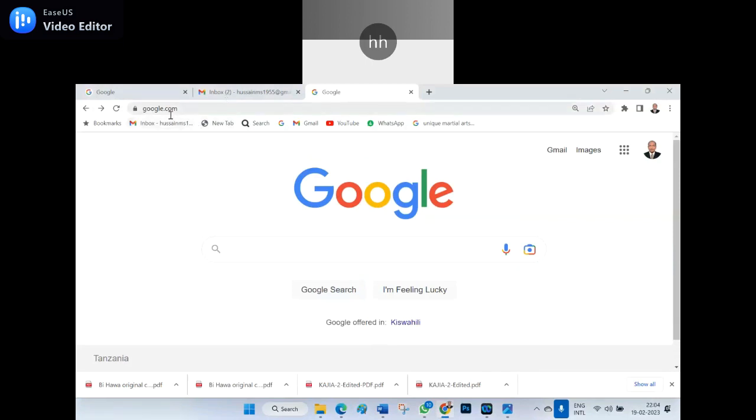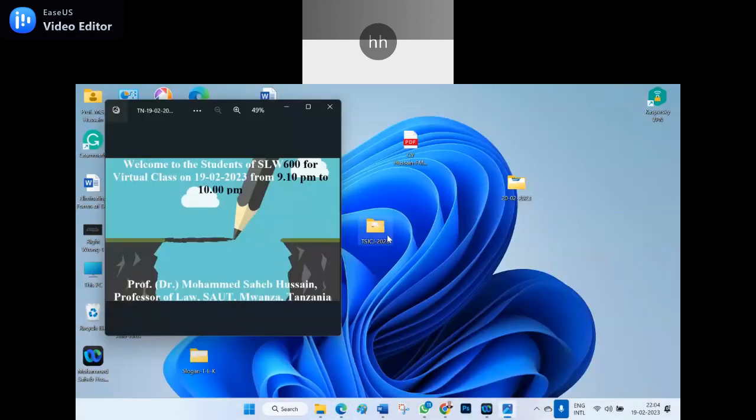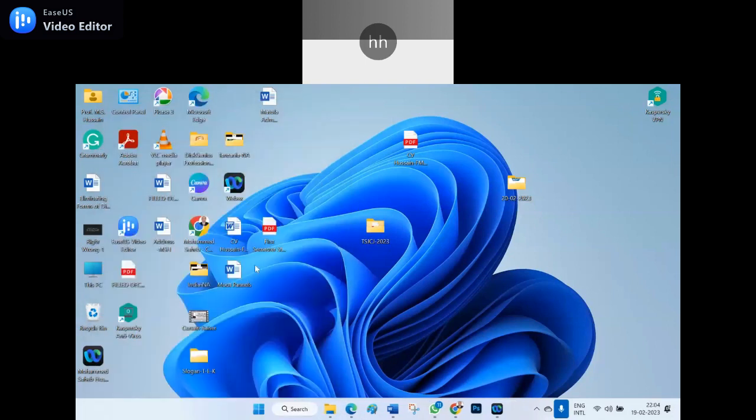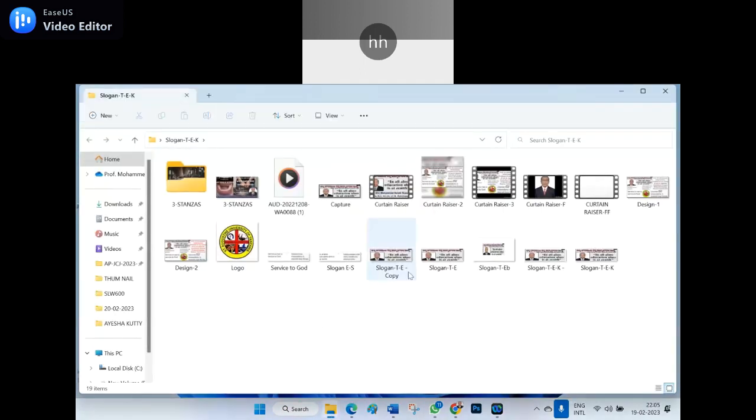Because I already shared my slogan in each and every class which I recorded, and several times you saw it, but still you say that you don't know. Here I am showing you the slogan copy again so that you could understand what my slogan is.